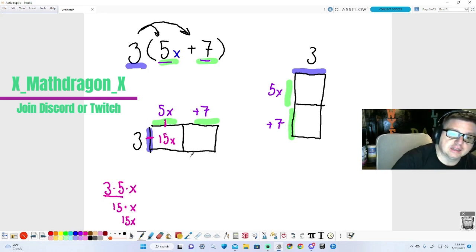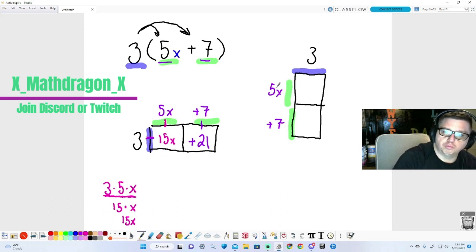So when you see this 15x, really it's 15 times whatever our x value is. And they start off writing it like this, 3 times 5 times x, but it just gets simplified to 15x, which is what we're trying to do with the distribution property as well. We're just trying to clean this up and make it look as, once again, aesthetically pleasing as possible, making it look as pretty as we can. So then the last one, 3 times 7 is a positive 21.